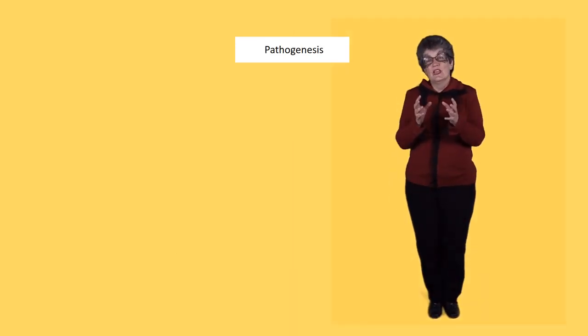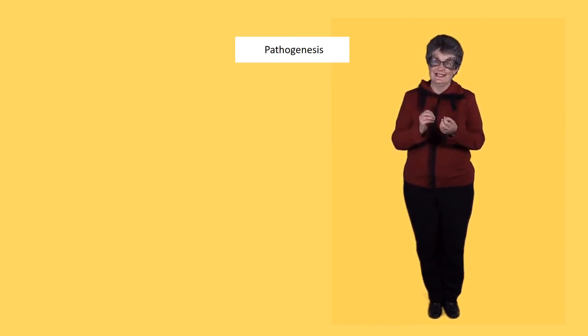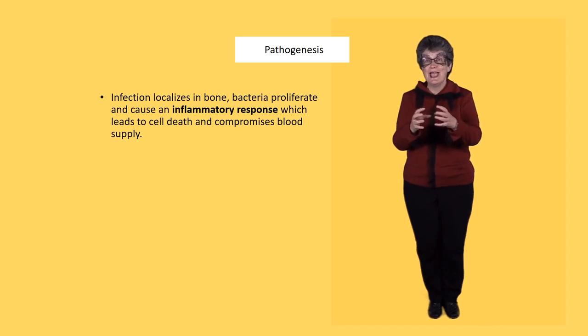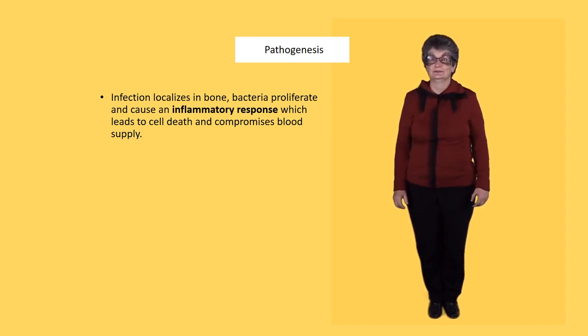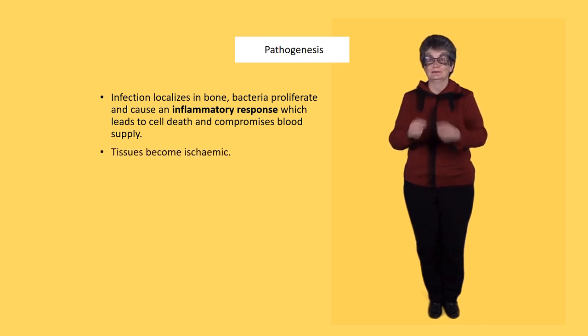Inside a bone, the area that can swell is limited. So when an infection localizes in the bone and the bacteria proliferate, causing an inflammatory response, it expands and squashes the blood supply. Both these lead to cell death and necrosis. So it's the swelling of the tissues that leads the inside of the bone to become ischemic and die.